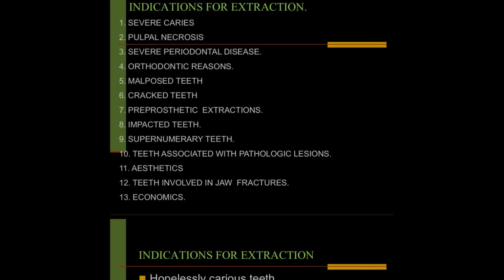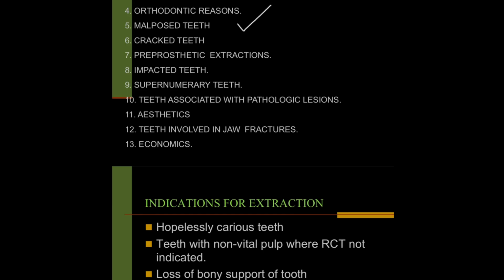Then for orthodontic reasons, as in when we have to create space for orthodontic treatment, then we go for extraction. Or in case of malposed teeth. In case of cracked teeth, when there is a fracture that is beyond repair, then also we go for extraction.